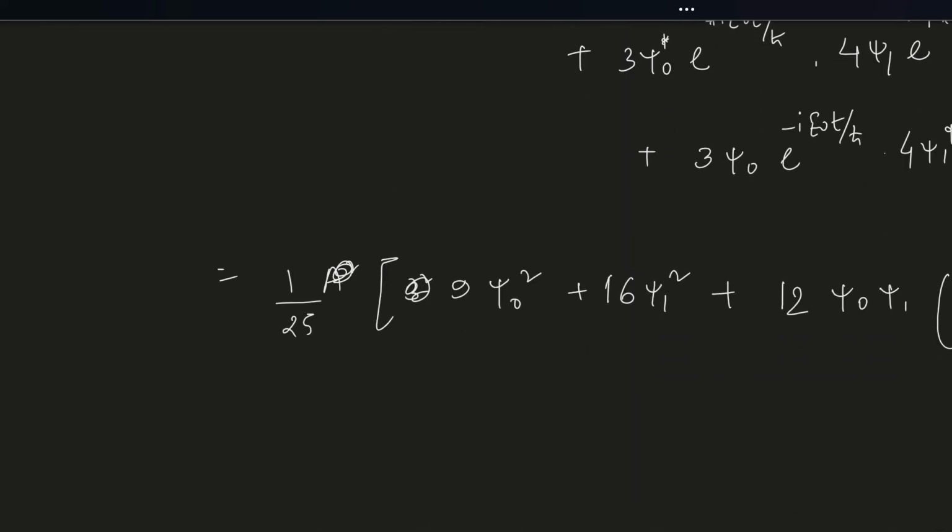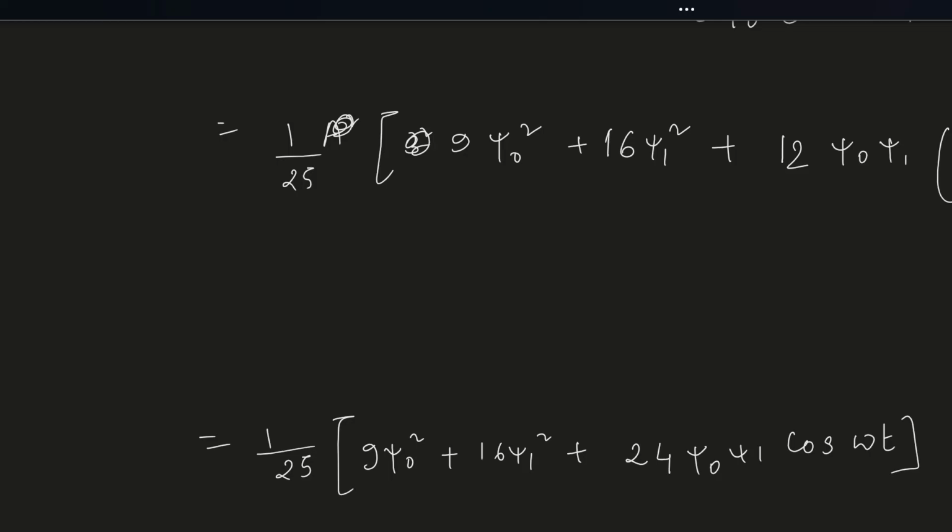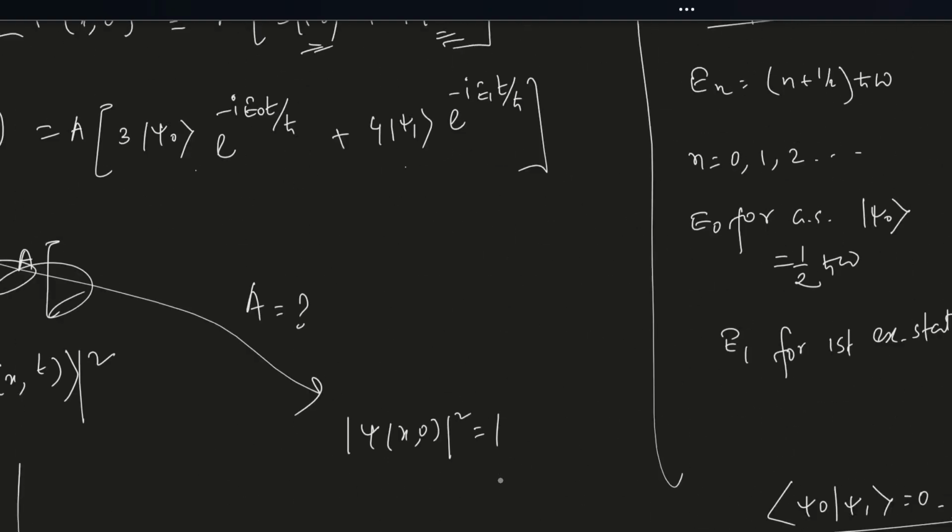Okay, so overall you are getting 1 by 25, 9 psi naught square plus 16 psi 1 squared plus, then this is 12 into 2, 24 psi naught psi 1. Then this whole thing can be compressed as cos omega t, where omega is equal to (E naught minus E1) by h cut. So by comparing with the question, you have these coefficients already known.